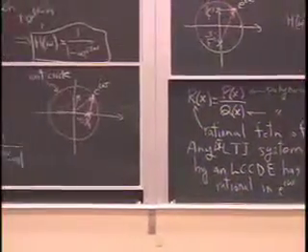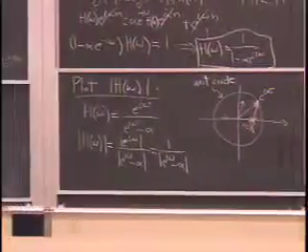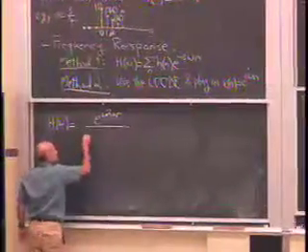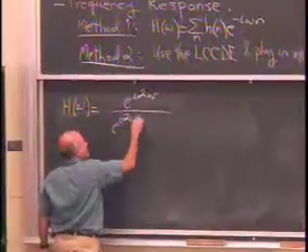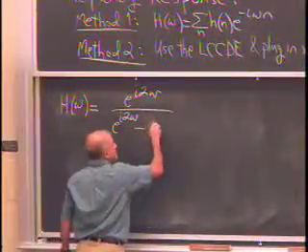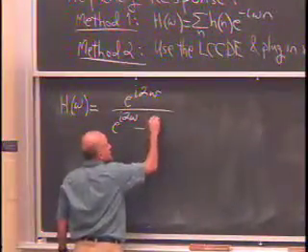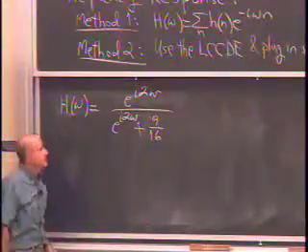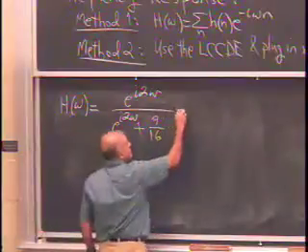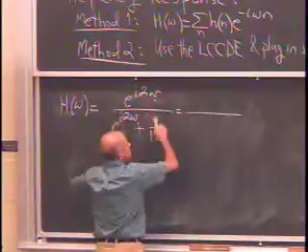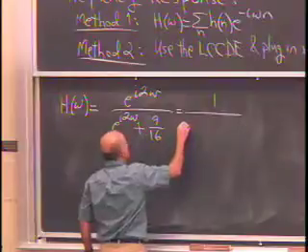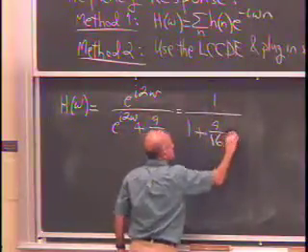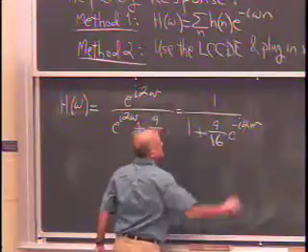So I have H of omega equals e to the I 2 omega over e to the I 2 omega plus magnitude squared, 9 over 16. I multiply top and bottom by this negative power. So I get a 1 on top, and I get 1 plus 9 over 16 e to the minus I 2 omega.